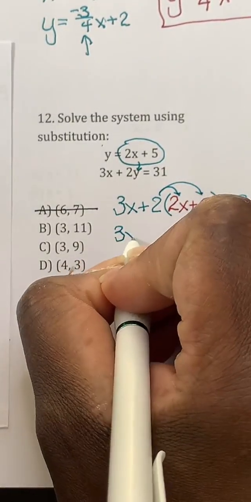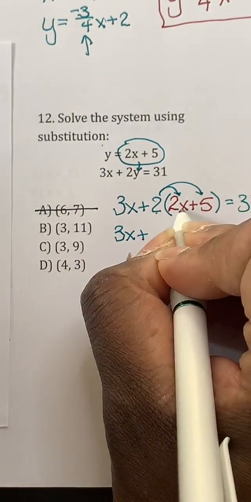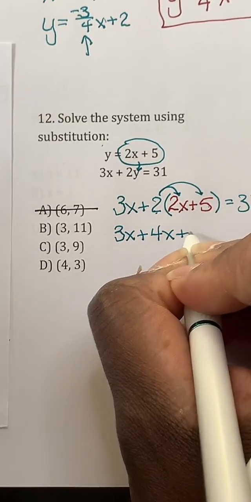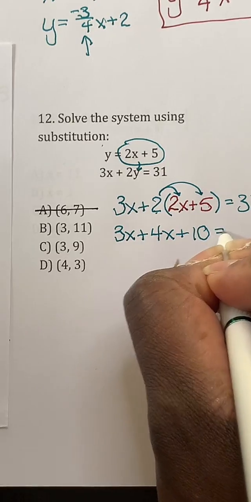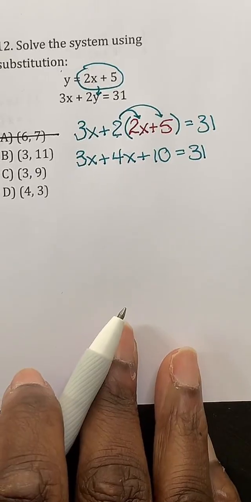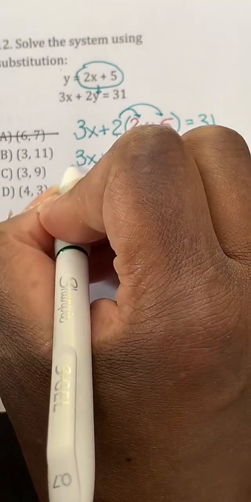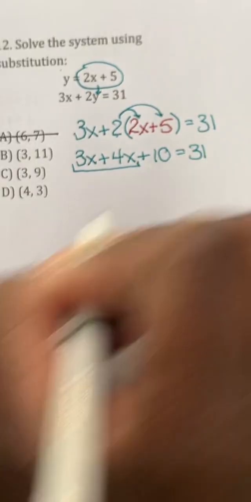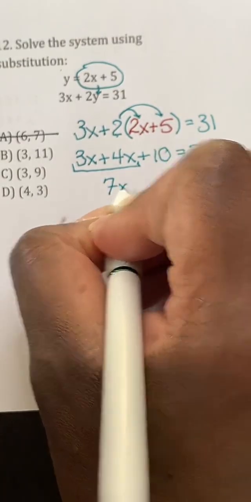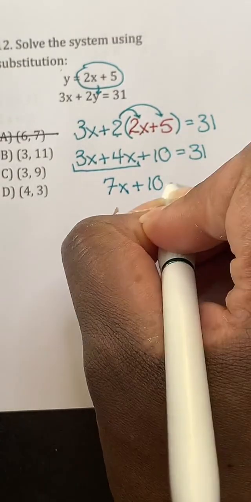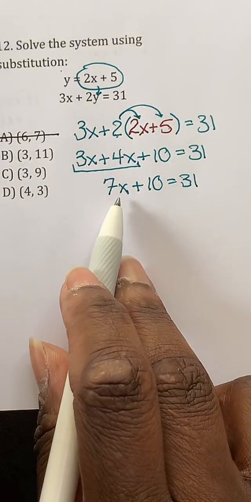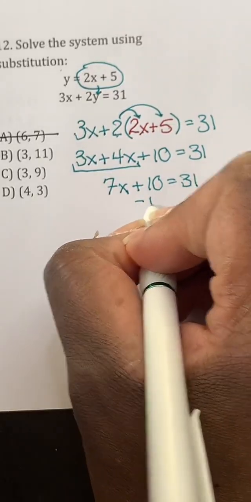So I have my 3x plus 2 times 2x gives me 4x. 2 times 5 gives me positive 10 equals 31. Okay, put it like this. So now I have like terms right here I can combine. And if I do that, that gives me my 7x plus 10 is equal to 31. But I want to isolate my variable. So I'm going to subtract 10 on both sides.